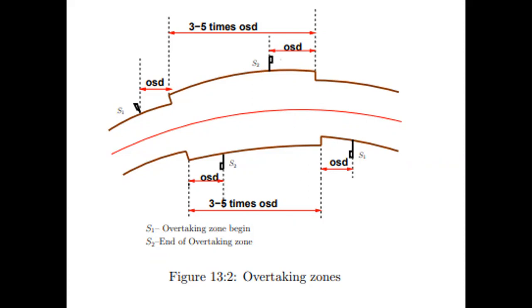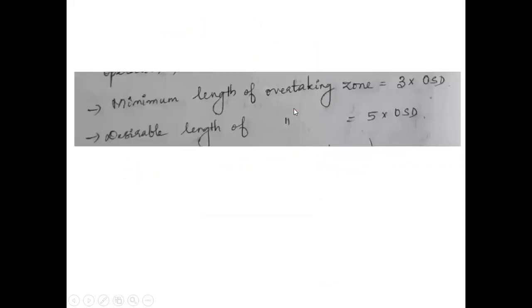Then inside this overtaking zone there is another signpost. It says that the overtaking zone is going to end, so the driver must be very careful and complete the overtaking operation within the zone. The distance from the signboard to this widening is the overtaking distance, and there is also the minimum length of the overtaking zone.